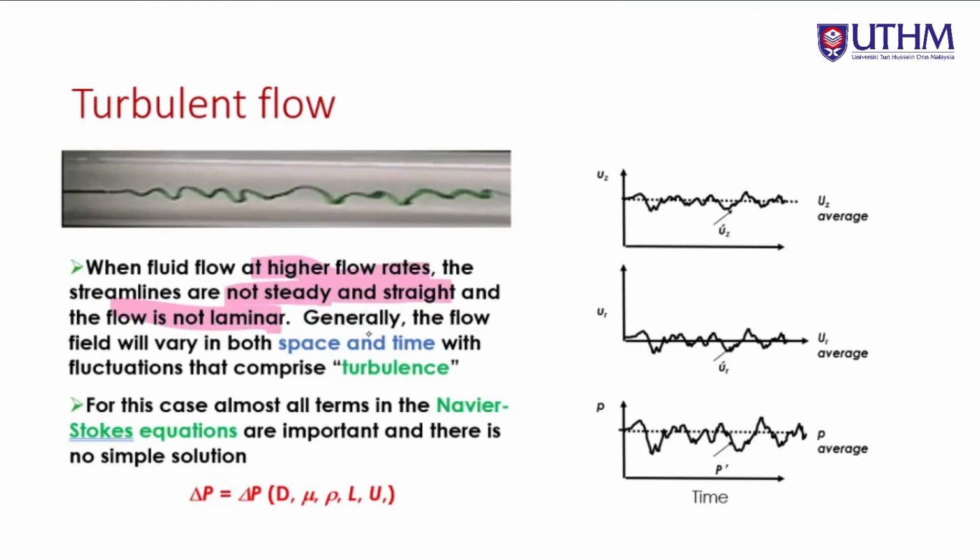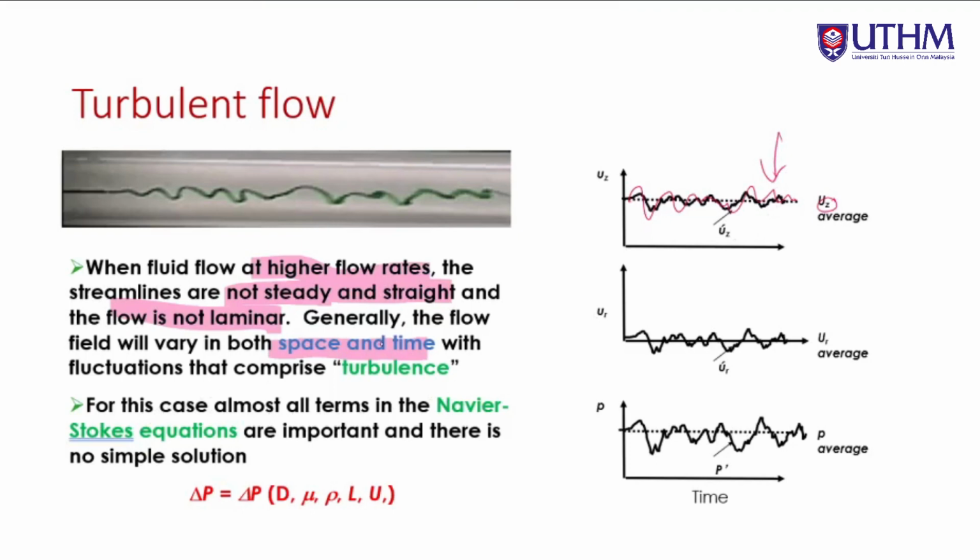Okay, so generally the flow field will vary in both space and time, kan? So kalau kita tengok dekat sini, the average velocity in different positions fluctuates atas bawah ni, kan? Dia tak stable, kan? And these fluctuations comprise a turbulence.